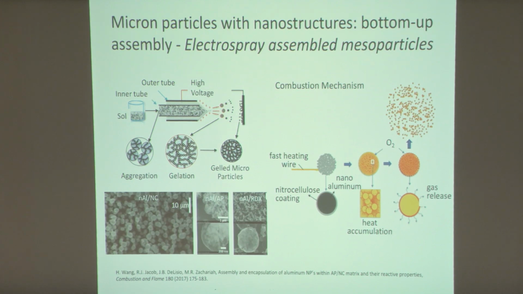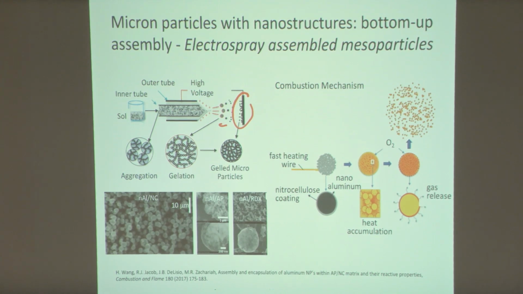Basically, the solvent would vaporize, and what was left in the particle was the nanoparticles of aluminum and the nitrocellulose. He then controlled the size by capturing them before they got too large. So what you're seeing here is that idea of being sprayed, capturing them, and he ends up with a gelled microparticle.